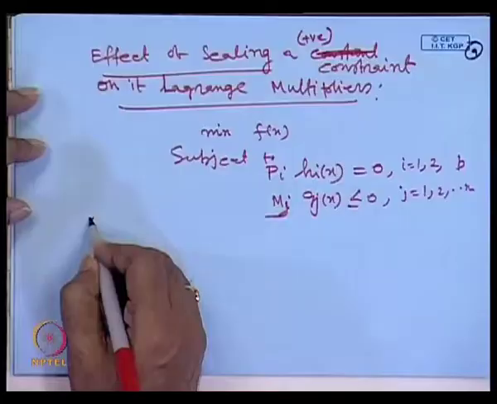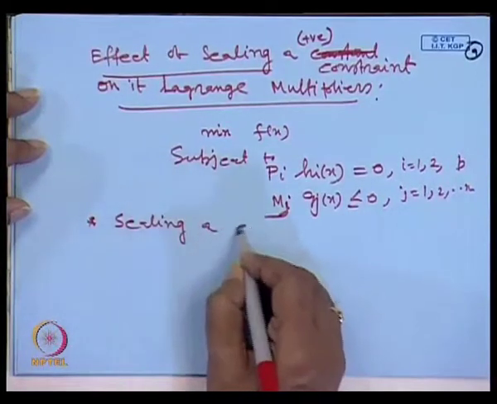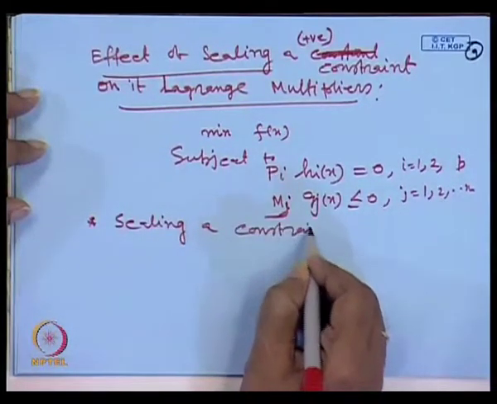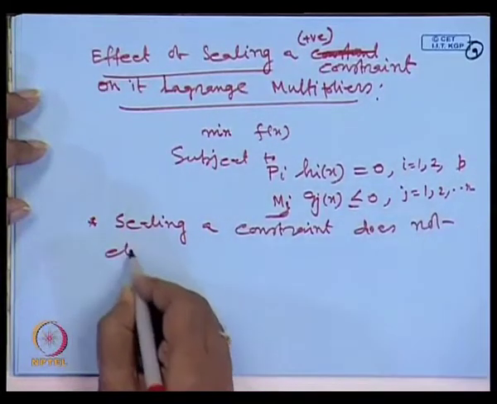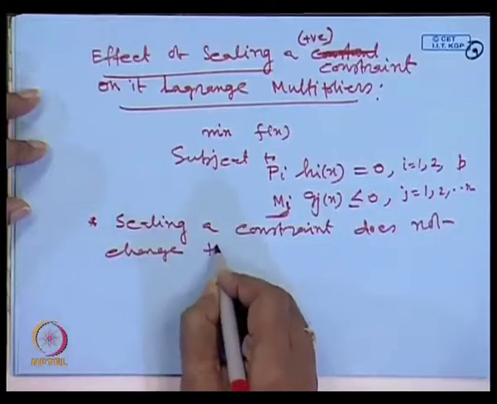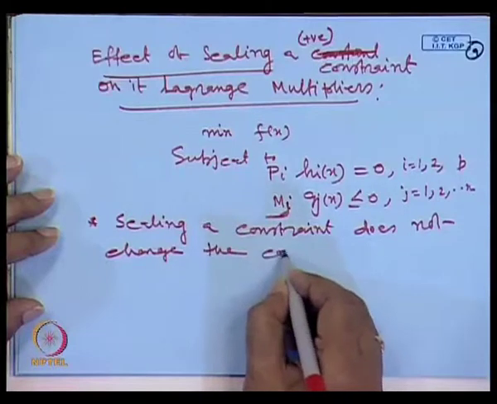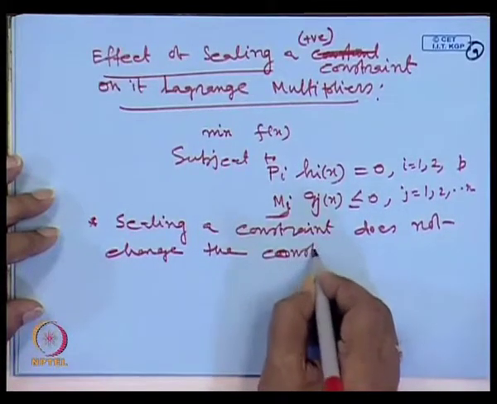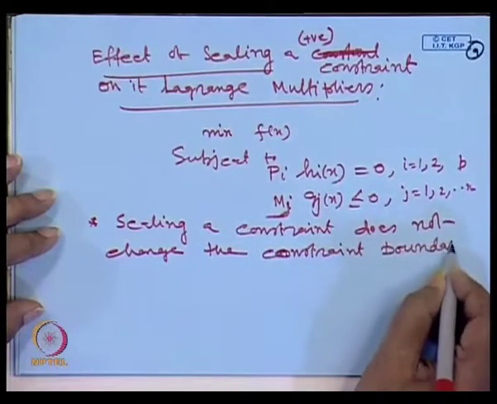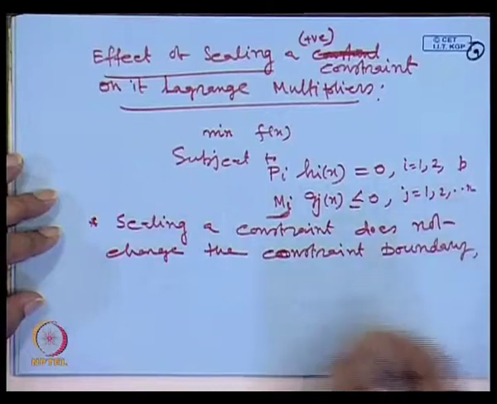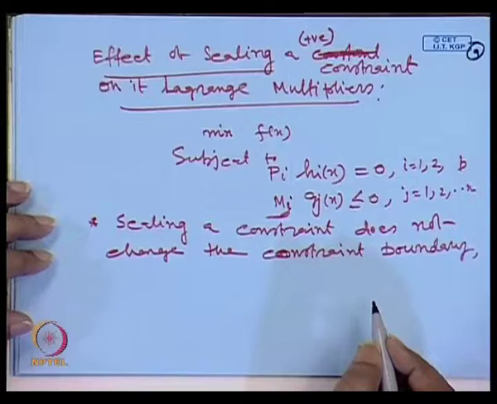Scaling a constraint does not change the constraint boundary. If it does not change the constraint boundary, naturally it has no effect on the optimal solution.